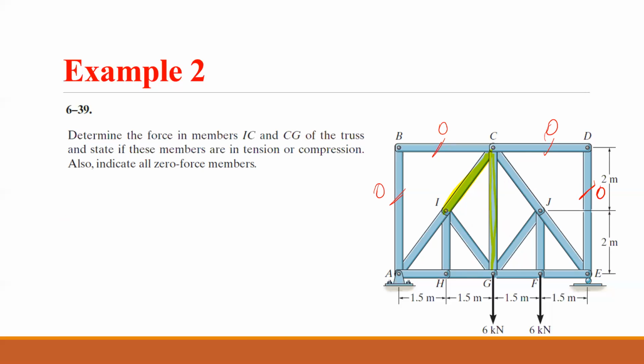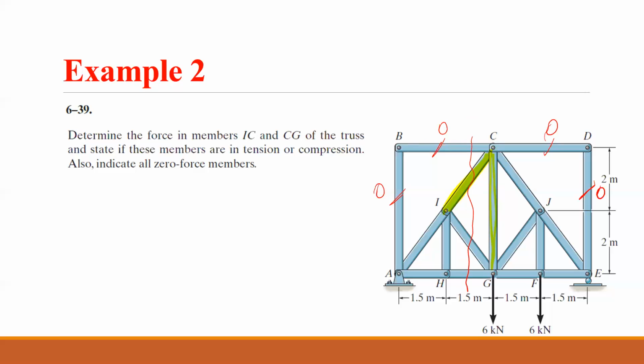So for now, because this one is 0, maybe we can cut from here and then find IG, and then think about how we can find CG. All right. So I decide to cut the truss from here.